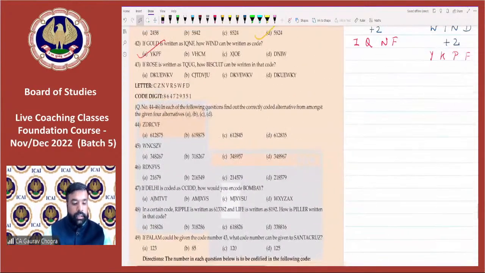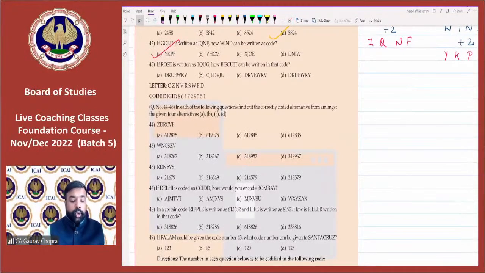Then somebody has asked about 44. For 44 to 46, codes are given above in the table. These are the codes. For C, it is 8, Z is 6, N is 4, and so on. So if we have to solve for 44, 44 is Z, D, R, C, V, F. From the table, you can see the code for Z is 6.